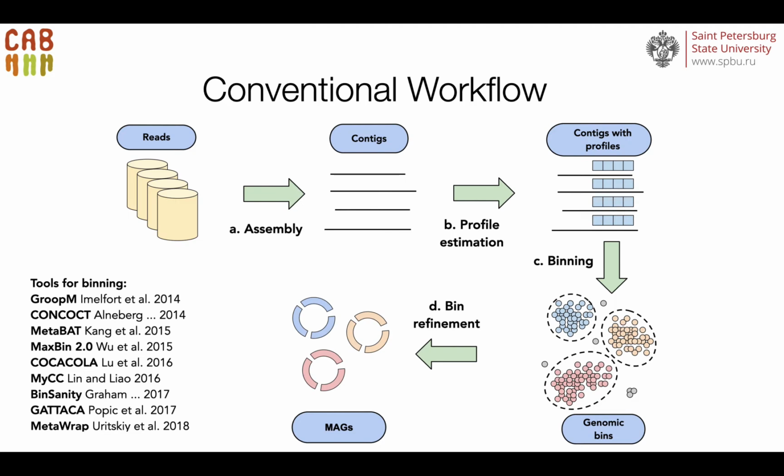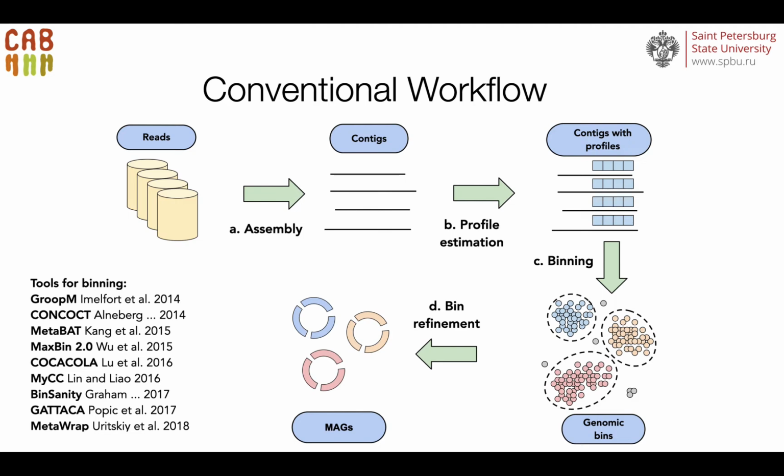Then the resulting contigs are clustered together using, for example, coverage or abundance estimation or different sequence content, for example, the tetranucleotide frequency profile. And this clustering process is called binning, and the resulting genomic bins are further refined in order to obtain the fuller MAGs.